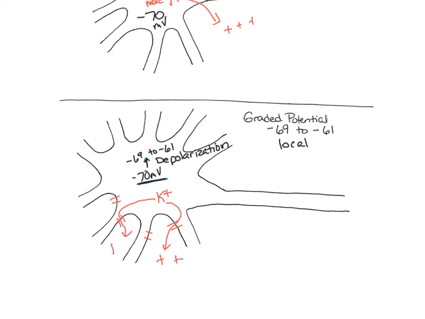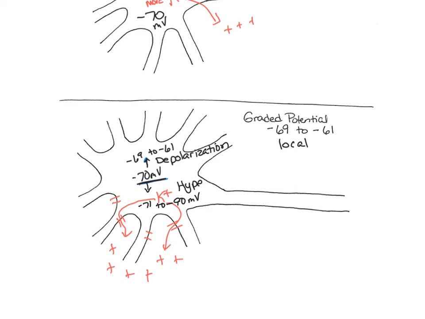So from negative 70, if those potassium gated channels were open, and potassium were to move out of the cell carrying its positive charge, that negative 70 would move to negative 71, negative 75, negative 80, negative 90 millivolts. As the potassium outflow increases and those positive ions are lost from inside the cell, we call this hyperpolarization.